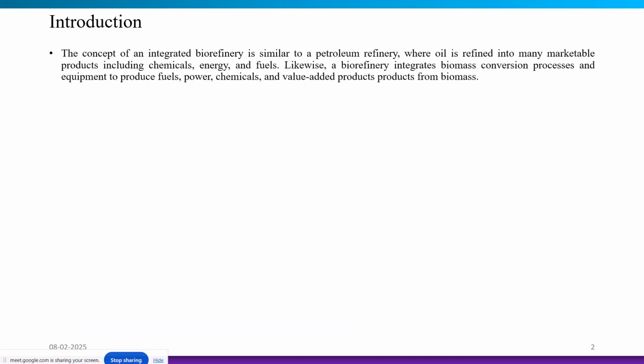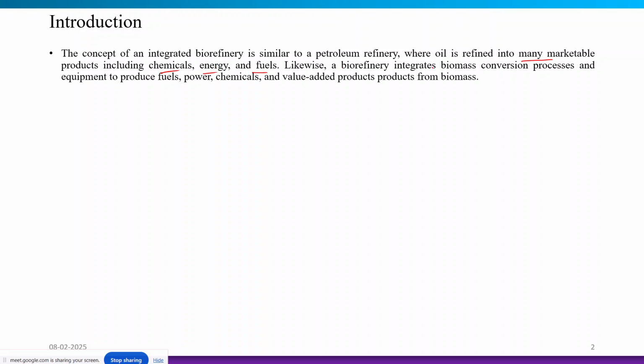As an introduction to the biorefinery, there are a few points I would like to start this session with. The first point is that the concept of an integrated biorefinery is very similar to the petroleum refinery, where oil is refined into a broad spectrum of marketable products, including chemicals, energy, and fuels.